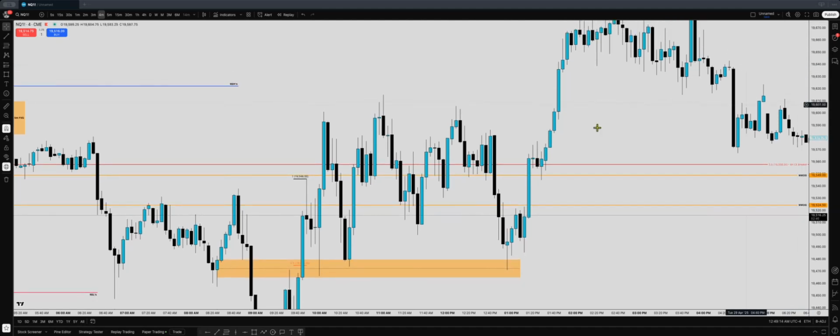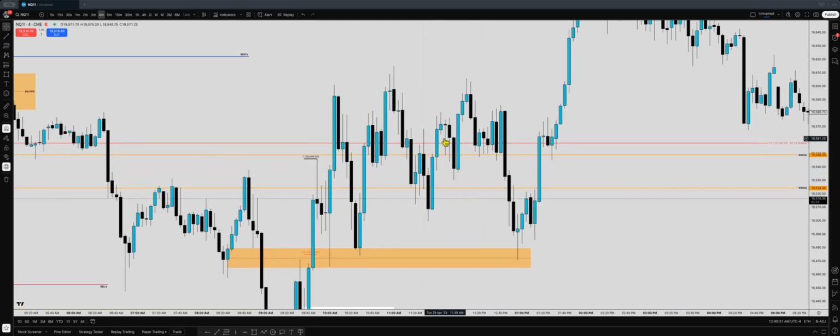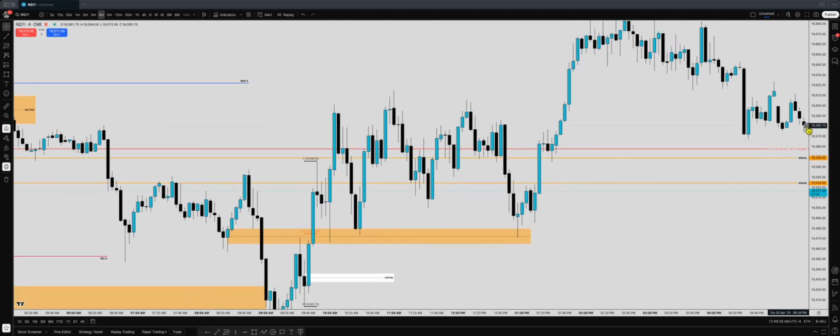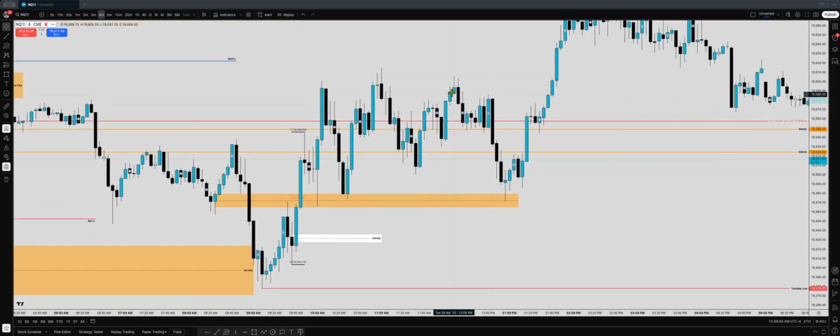So if you were in this trade and you had your stop loss up here, all this time right here, you should have already started moving your stop loss up to break even or near break even to get out. But at the same time, even though this had occurred here, you don't want to go long right here because we are in premium relative to where we were this morning.